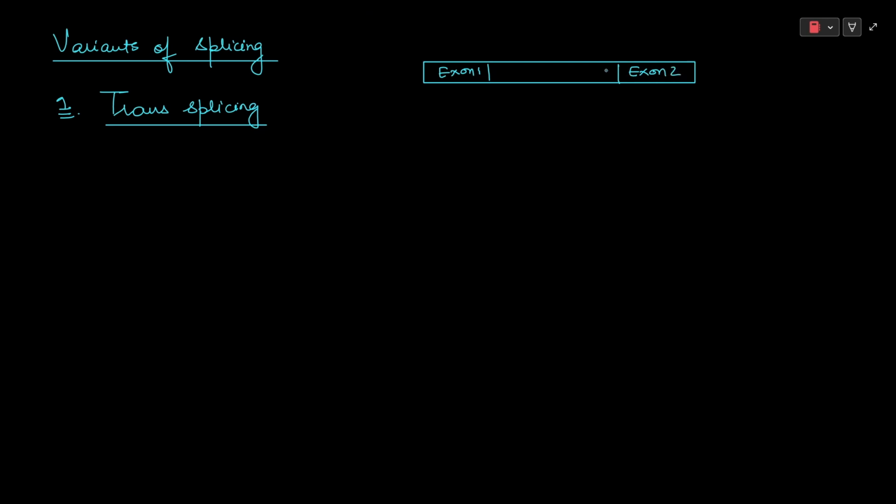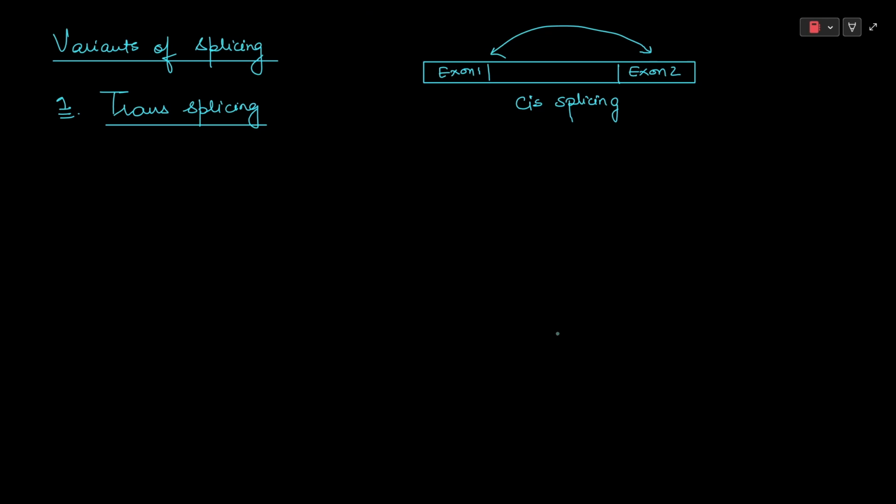Cis splicing is when the exons involved in the process of splicing are present on the same RNA. So if I combine these two, that will result in what we call cis splicing. Cis means on the same side, so both exons 1 and 2 are present on the same RNA.